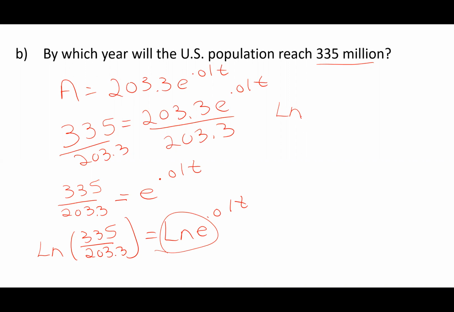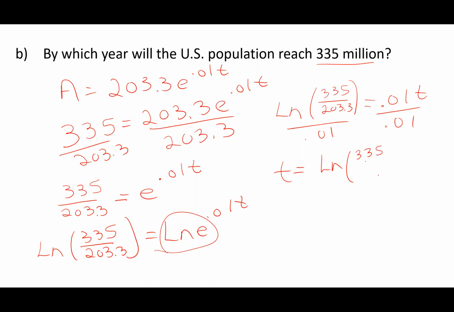So we have the natural log of 335 over 203.3 equals 0.01t. Divide by 0.01 on both sides, so t equals the natural log of 335 over 203.3 divided by 0.01. Punch that in your calculator, okay?